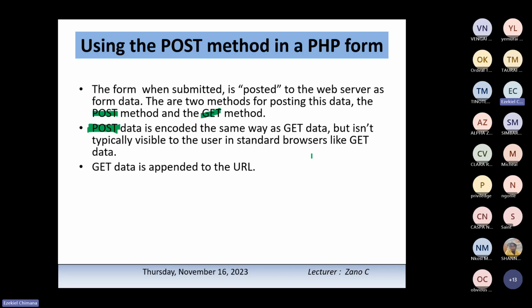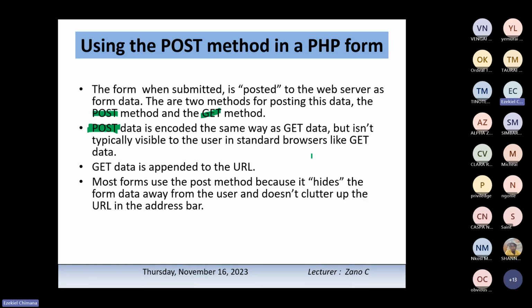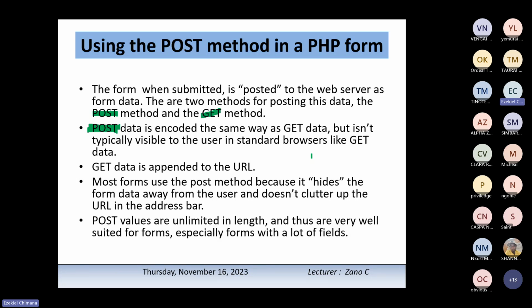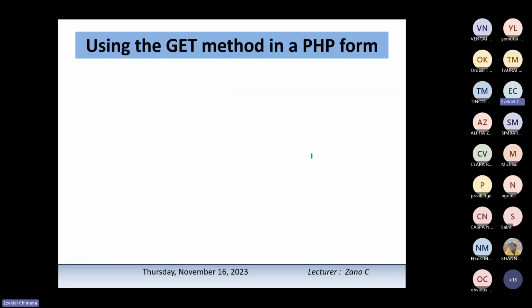Whenever you are using get, the data will be appended on the URL. So most forms use the post method because it hides the form data away from the user and it doesn't clutter up the URL in the address bar. Post values are unlimited in length and thus are very well suited for forms, especially forms with a lot of fields.